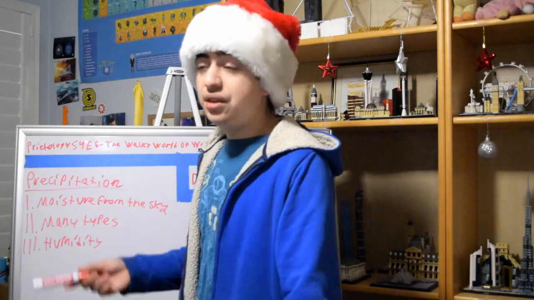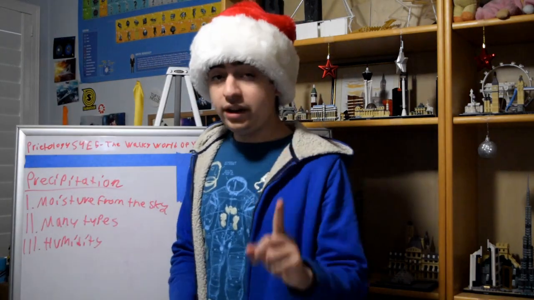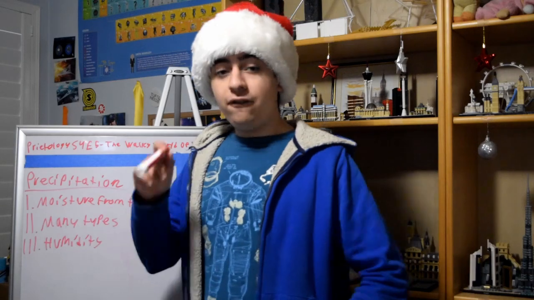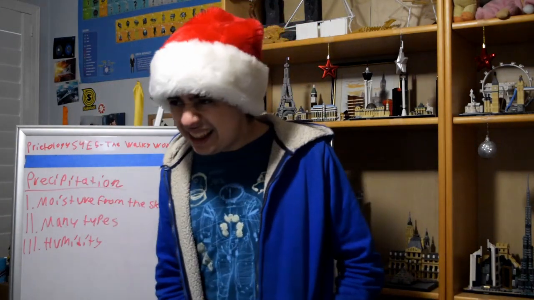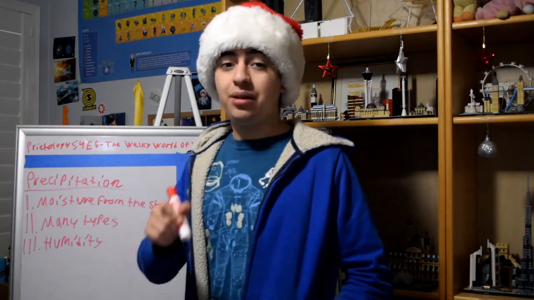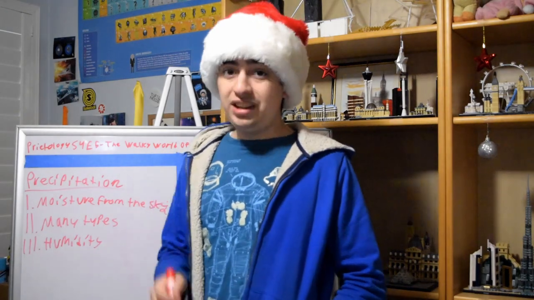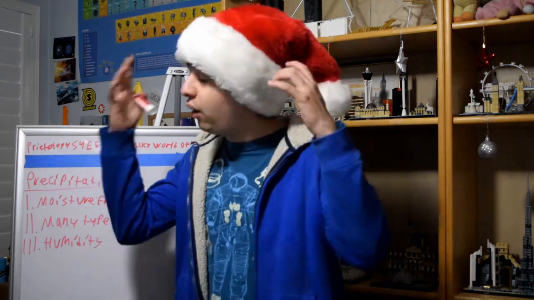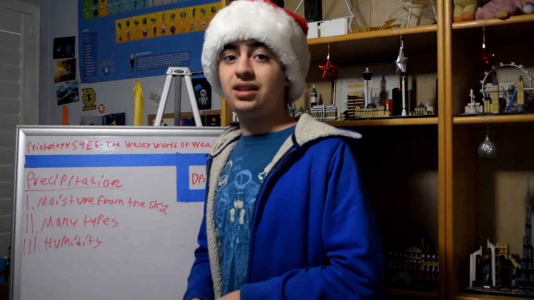Fun fact: the total precipitation globally in one calendar year is 5.52 thousand trillion tons of water a year falling from the sky from the water cycle. That is an immense amount.